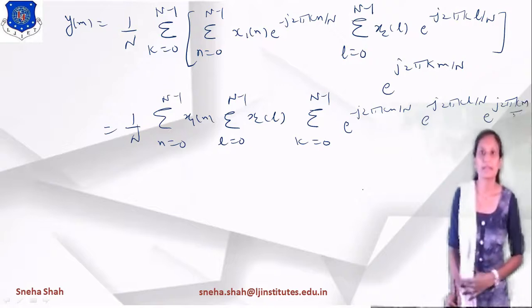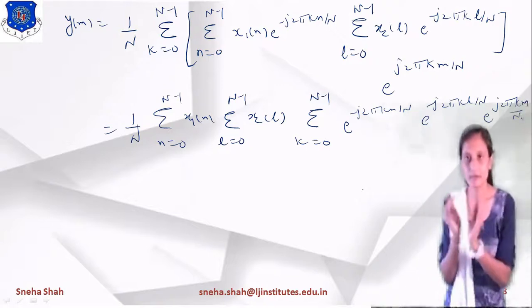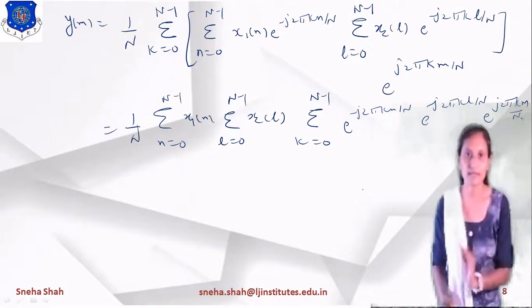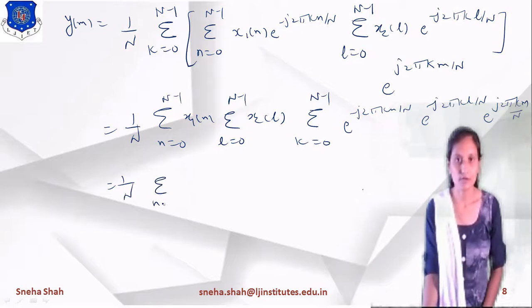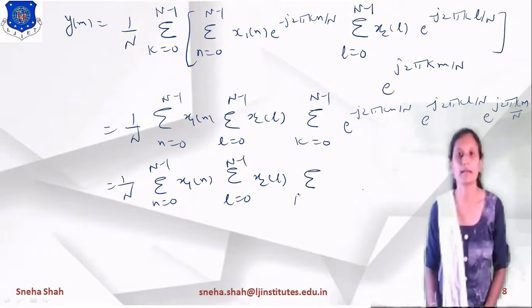Now we simplify these three terms as e raised to j. We take the common part, a plus b plus c or a minus b minus c likewise. So we represent this in the form of 1 by N summation n equals 0 to N minus 1 x1 of n, summation n equals 0 to N minus 1 x2 of L, and summation k equals 0 to N minus 1.